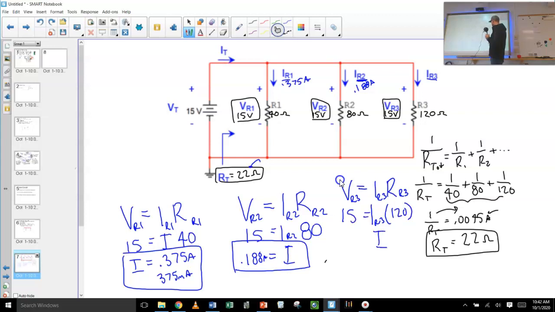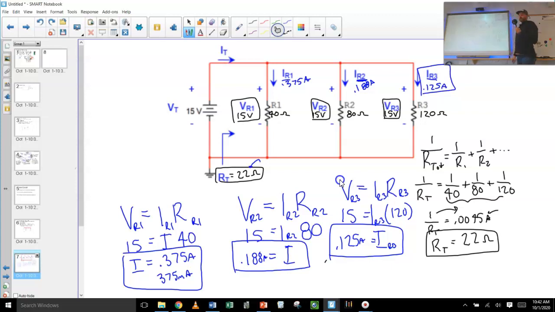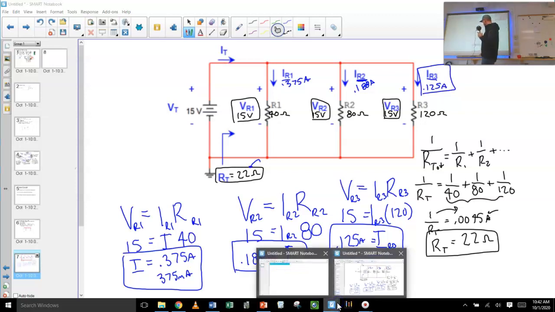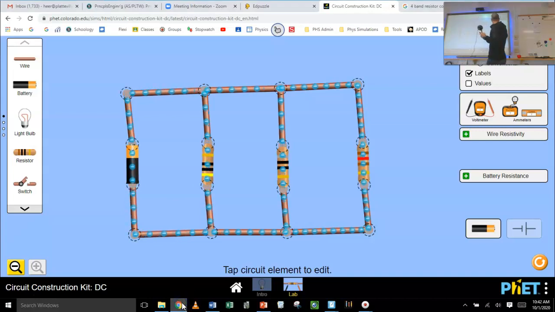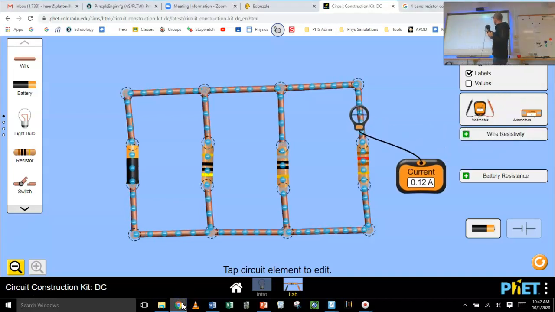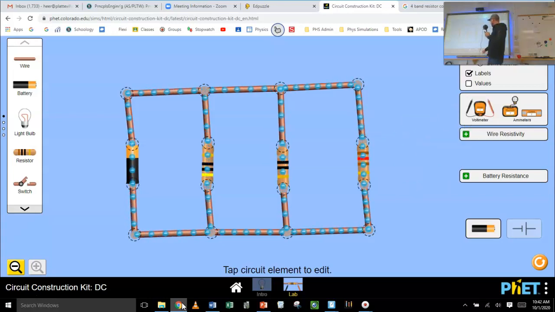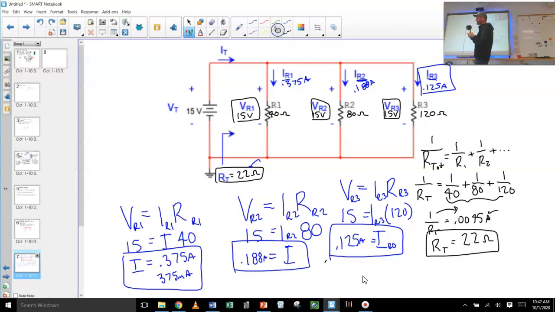So this current, 15 divided by 120 is 0.125 amps. So let me just check it out to make sure it works. 0.125, absolutely.